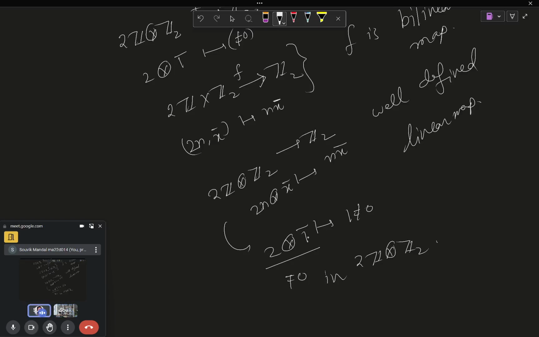The tensor product has extreme power in topology. Without that, many things cannot be done. That's important. But if you directly try to find the motivation, it is difficult because it starts with some very abstract ideas, some properties. So it is very difficult to get motivated initially. That's all.